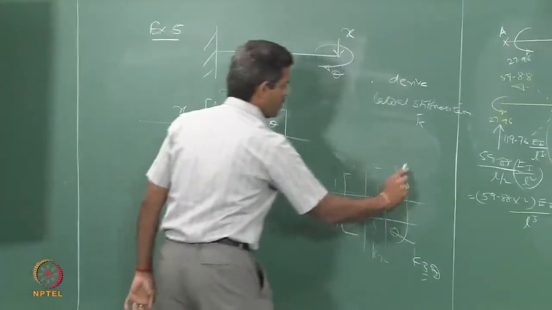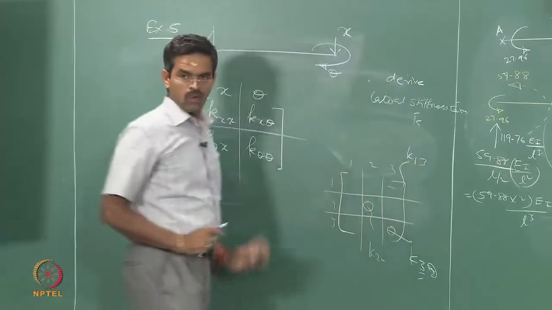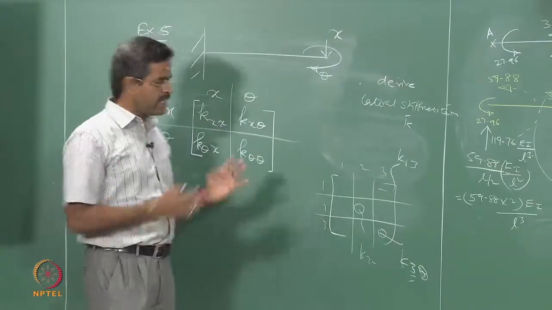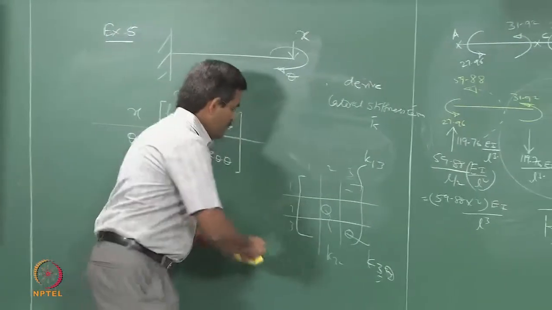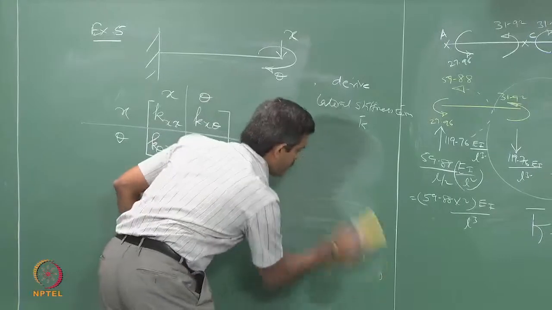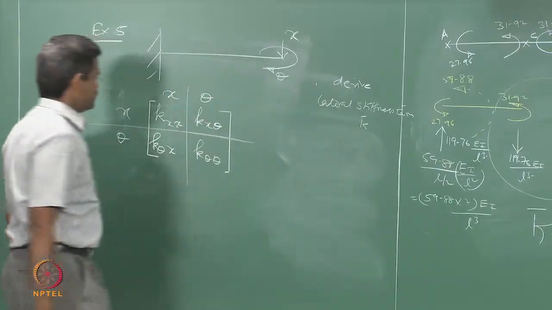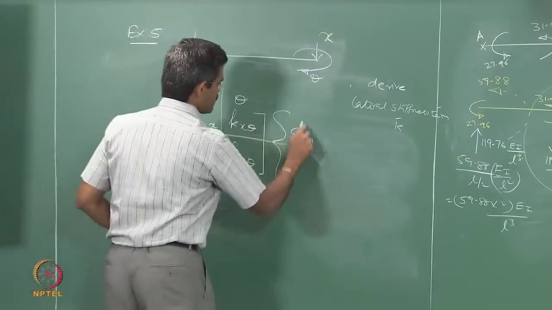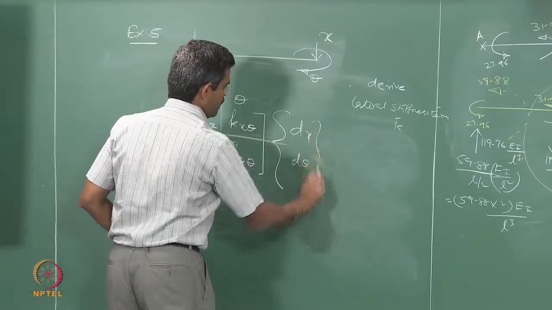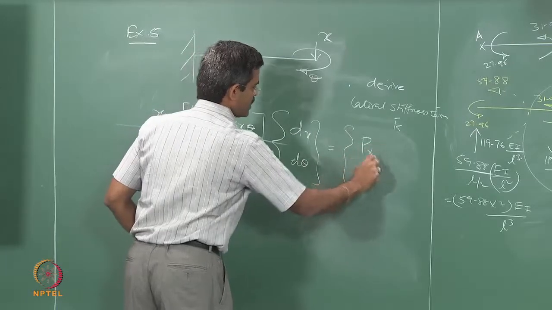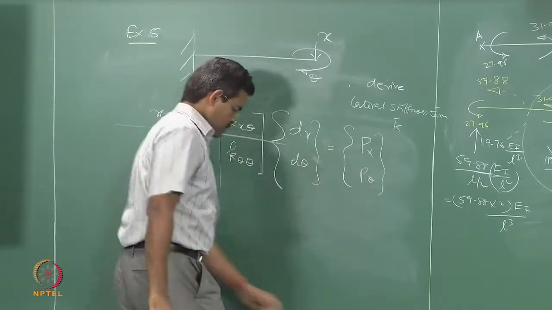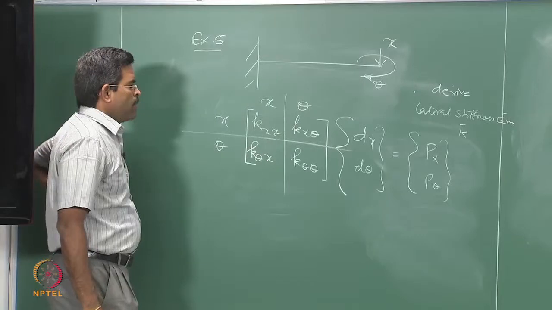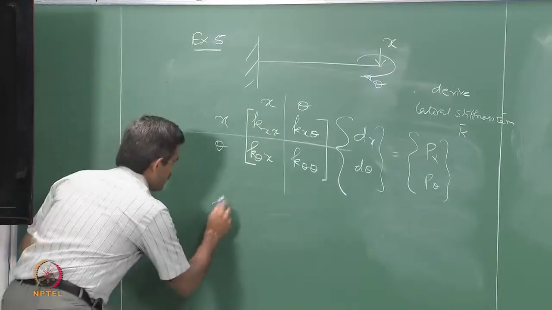Similarly, this one is k 1 3, row first, column next, that is how we generally read a matrix. Multiplied by displacement x and displacement theta will give me Px and P theta, that is force in x and theta degrees of freedom. Now, let us expand this.